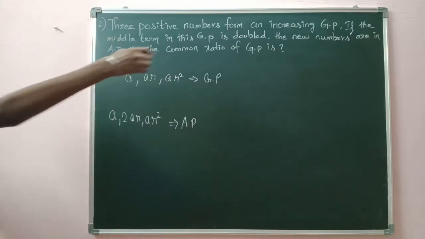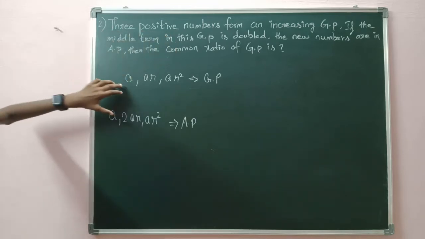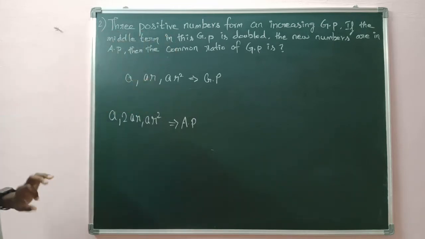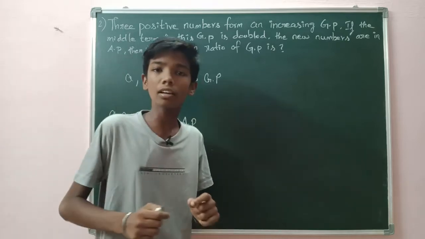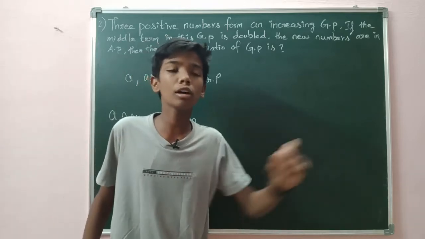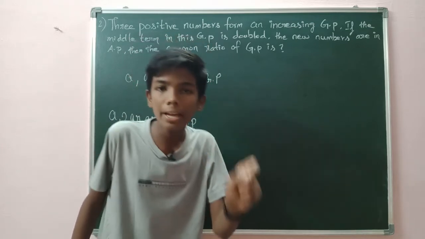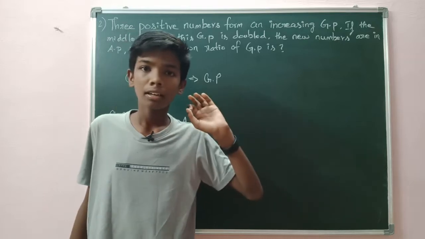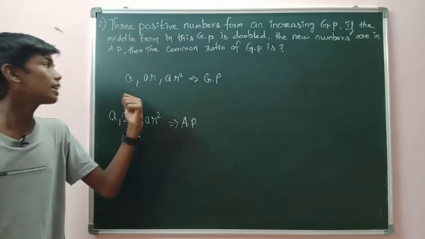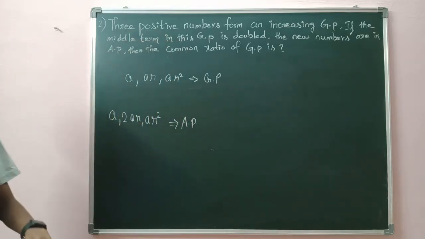But in this question there are only three positive numbers. So that's why I took it as A, AR, AR square. Now you may ask me one thing: in some questions we take the terms of the GP as B by R, B, BR. But here why are you taking it as A, AR, AR square?